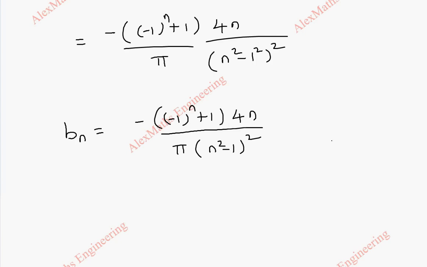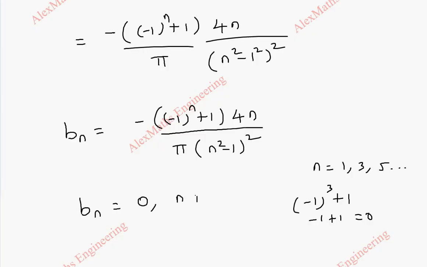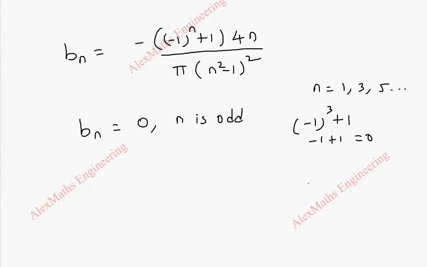But when n is an odd number like 1, 3, 5, and so on, suppose I have -1 to the power odd number, then plus 1, this will become -1 plus 1, it is 0. So the value of Bn will become 0 if n is odd. In the same way, if n is even like 2, 4, 6, and so on, then (-1)^(2+1)... this will become 1, 1 plus 1, so 2.